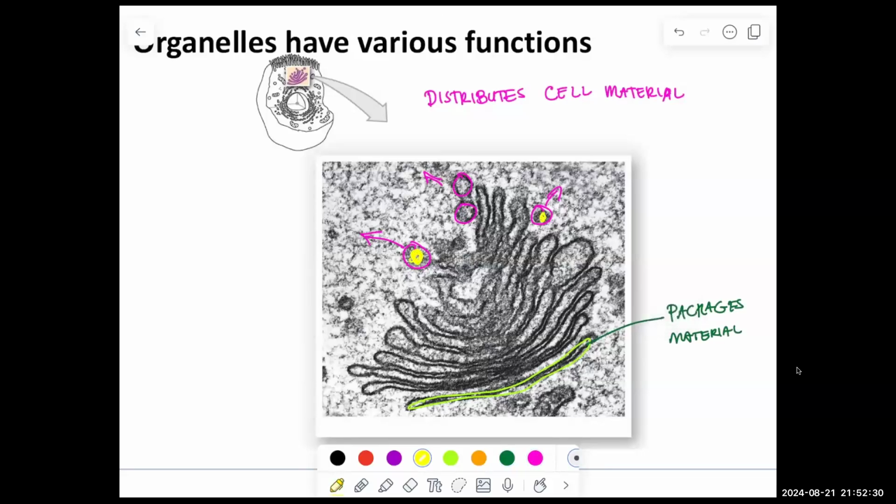Maybe this one is full of hormones. Maybe this one is full of stuff that's going to become a lysosome. So it's going to decide where these things go, how these things are going to contribute to the cell. So not only does it distribute them, it also packages them. So it sorts and decides where they're going to go, what they're going to become.